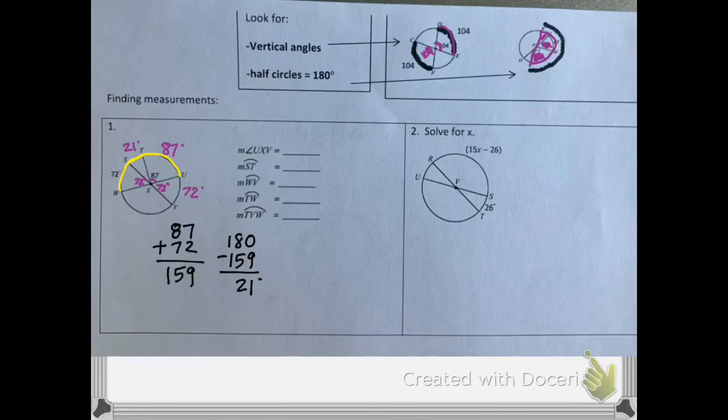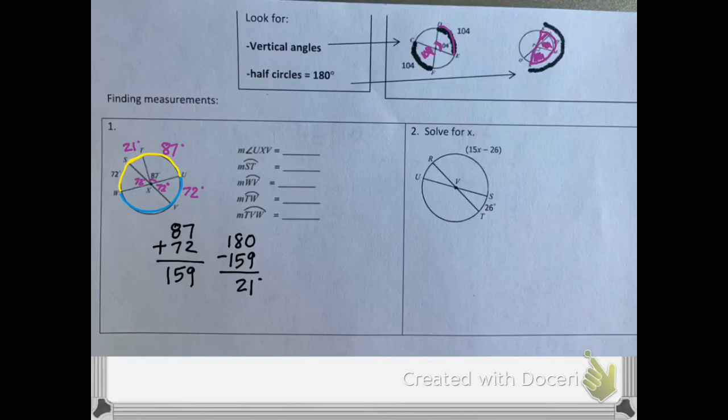And then lastly, the final missing arc, there's really 2 ways you could do this. I know that all 5 arcs add up to 360 because it's a circle. However, I can highlight this half circle. So these 2 arcs here, I'm just highlighting there, they add up to 180.